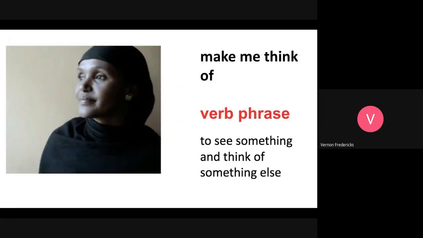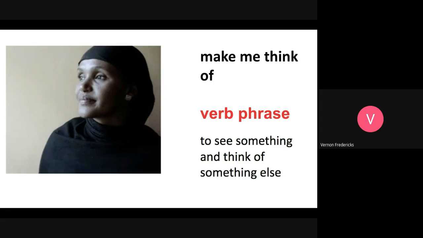The next word or phrase is make me think of. It's a verb phrase, to see something and think of something else. So, for example, usually we meet people, and sometimes that new person is doing something that reminds you of somebody that you already know.